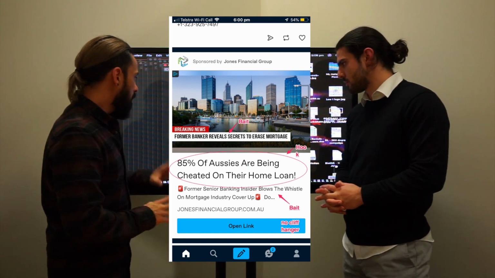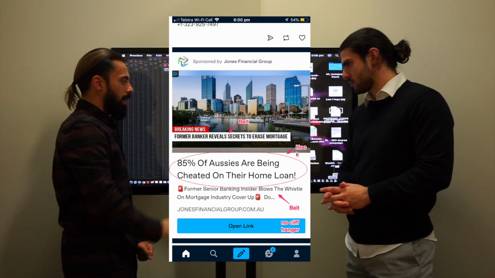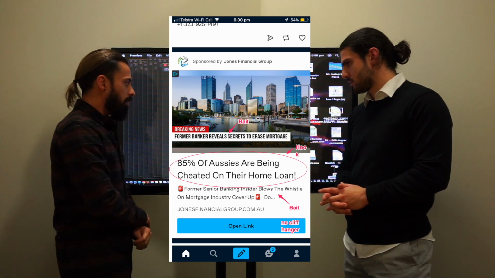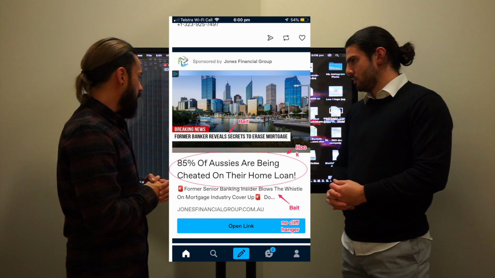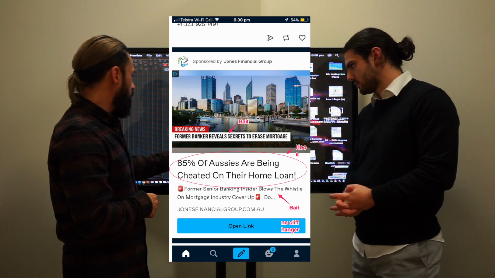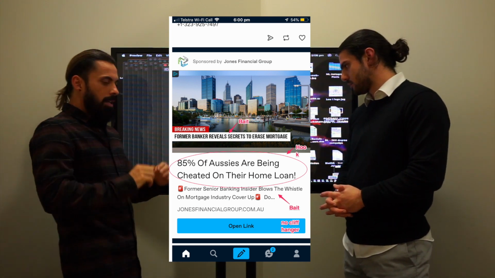I'm not going to argue with that. This here is by far a solid hook. 85% of Aussies are being cheated on their home loans. It's going to get people's attention.